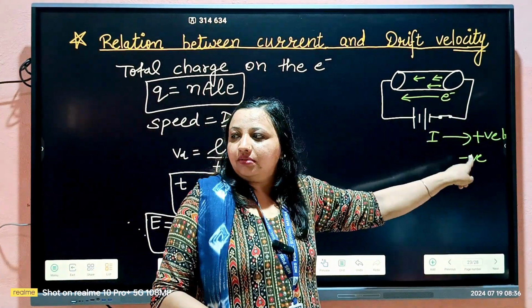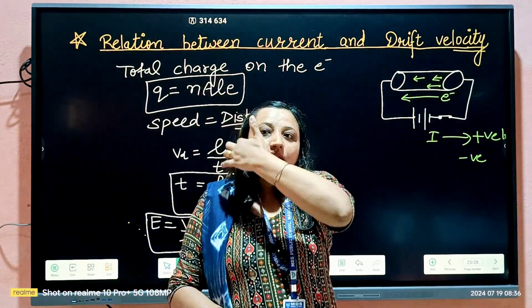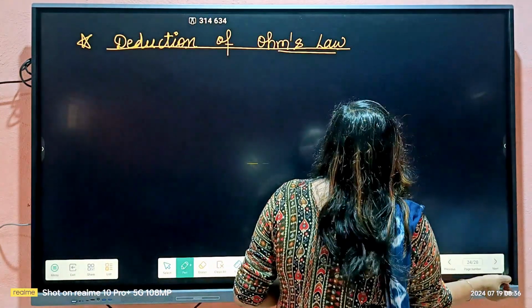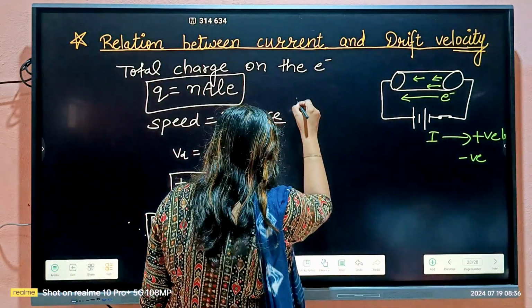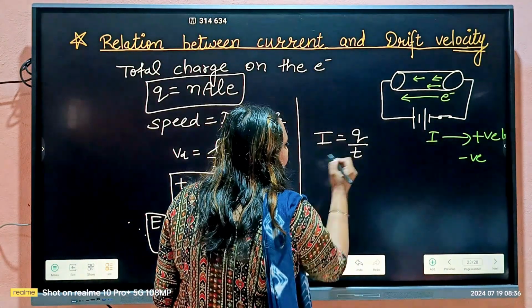When we provide that electric field, the electron starts moving, so the current starts flowing. What is the formula for current? I is equal to Q by t.